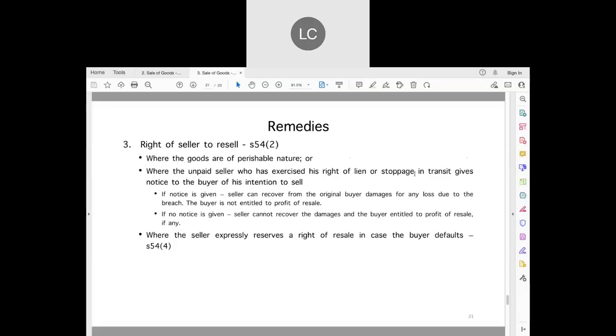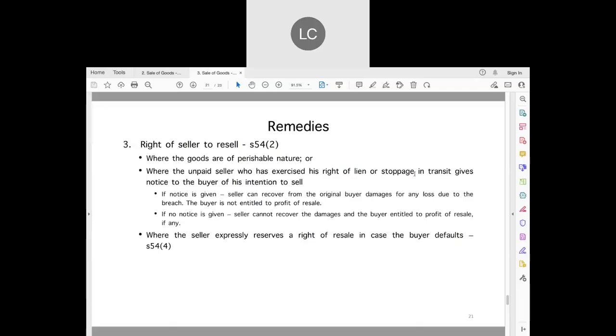But in the event that no such notice is given, the unpaid seller shall not be entitled to recover the damages for any loss caused by the buyer's breach. And if there is any profit from the resale, the buyer is entitled to the profit. Okay, so this is under section 54(2).